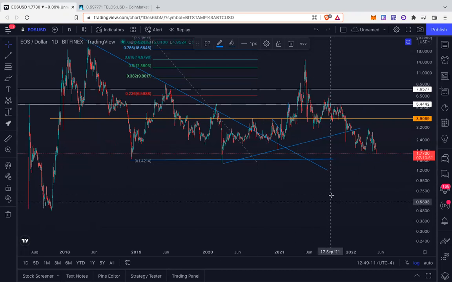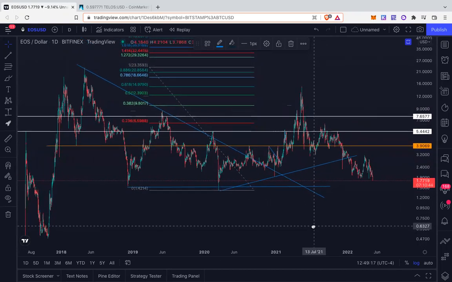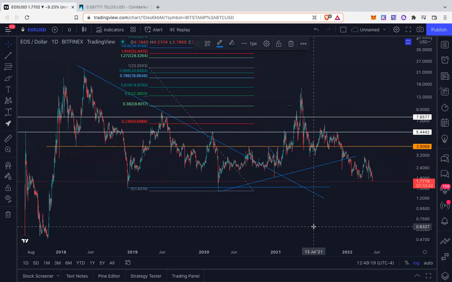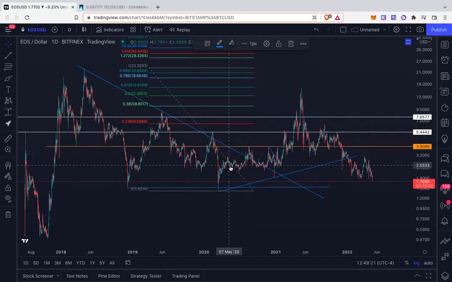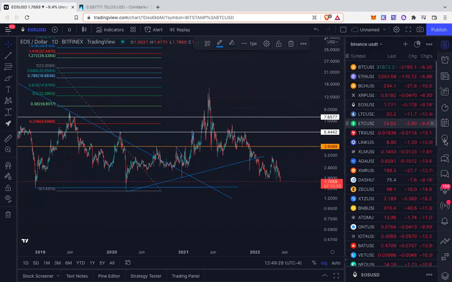You're going back down to at least 80 cents. Just looks terrible. Just distribution overall. Yeah, $4 billion down the drain on that project.